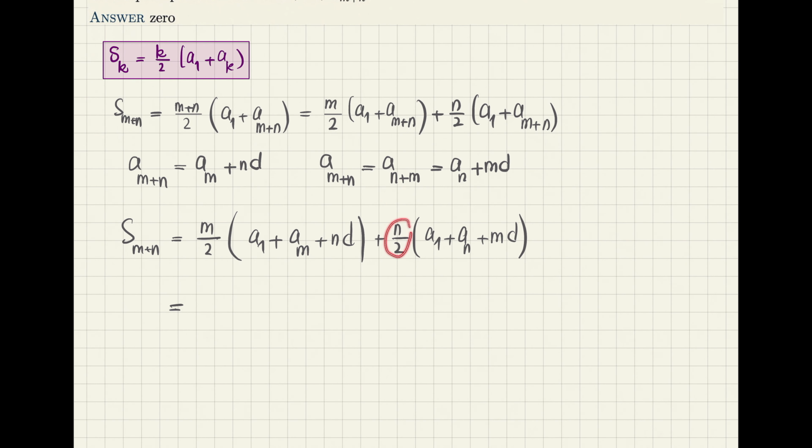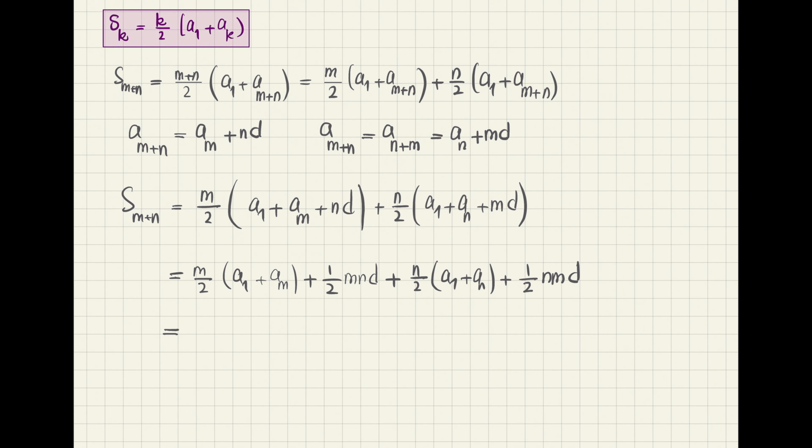I will multiply n over 2 by the combination of these two and then here. So then it becomes m over 2 times (a sub 1 plus a sub m) plus 1 over 2 m n d. The other one is n over 2 times (a1 plus an), then it becomes 1 over 2 n times m times d.